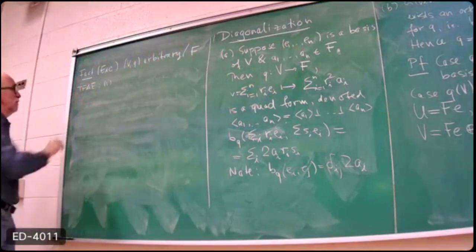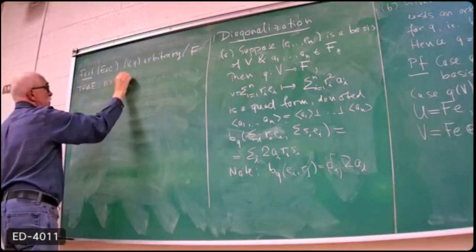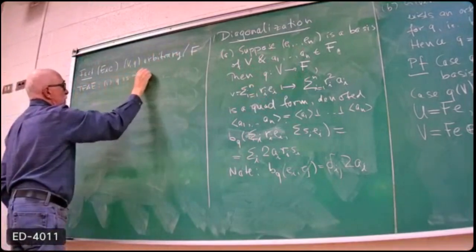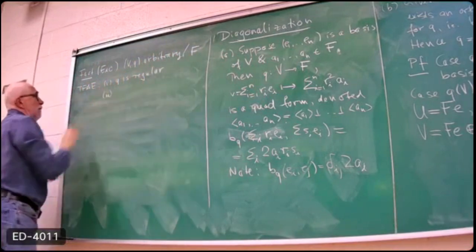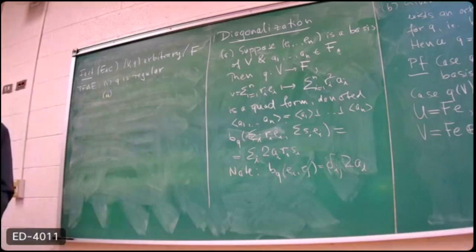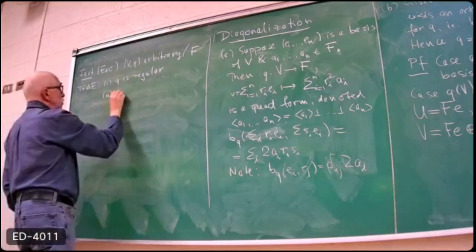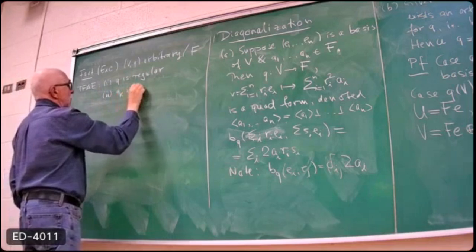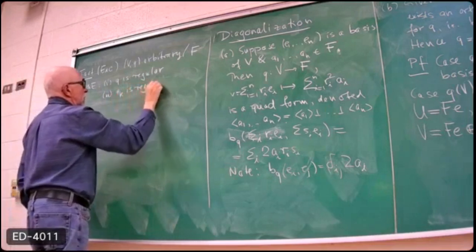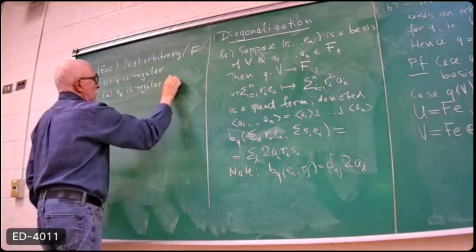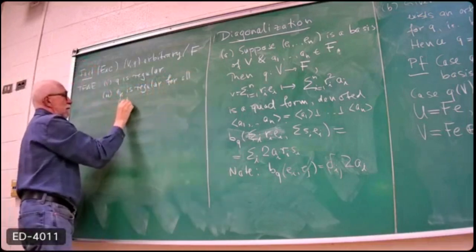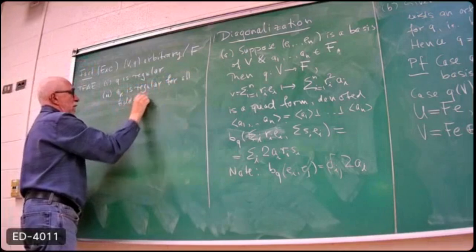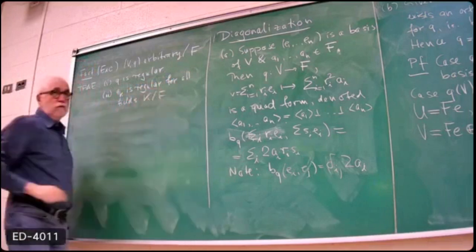Number one, my Q is regular. Number two, Q_K is regular for all field extensions K.